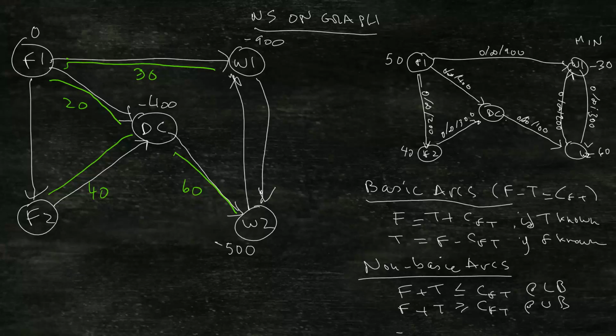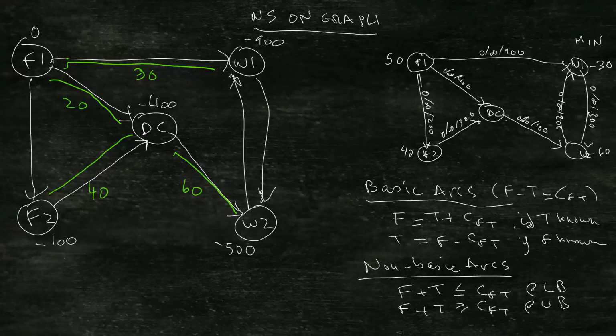And for this case, the to is known, so the from is equal to the to plus the CFT, so that is equal to minus 400 plus 300, so that's minus 100. We now have all of the nodal prices, and we don't need to make any sign changes. So this part was easier doing it on the graph than we had before.